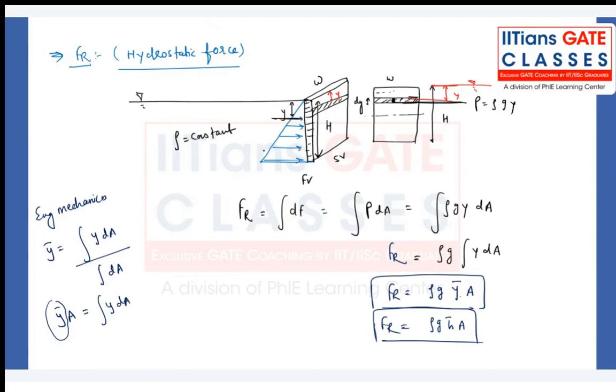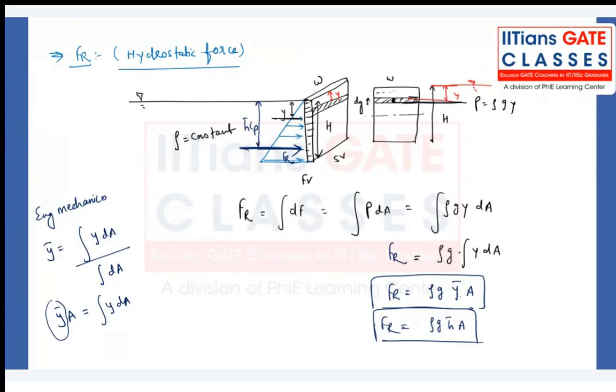The location of the resultant force will be h bar Cp. It doesn't mean that you multiply rho g h bar Cp into the area. No. Getting my point? Yes, that is the location of the hydrostatic force.